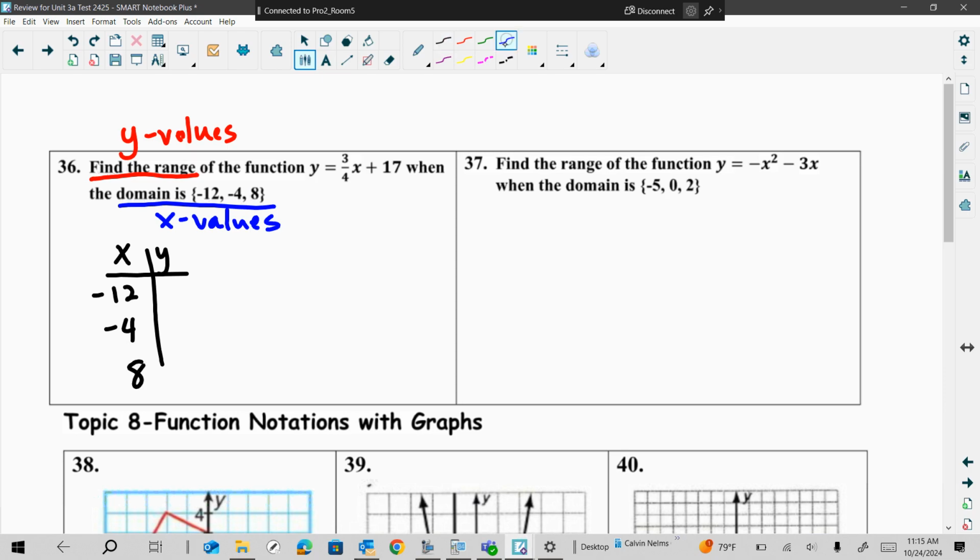Then go to your calculator, go to y equals and type in y equals 3 fourths x plus 17. 3x divided by 4 plus 17. And then look at your table.